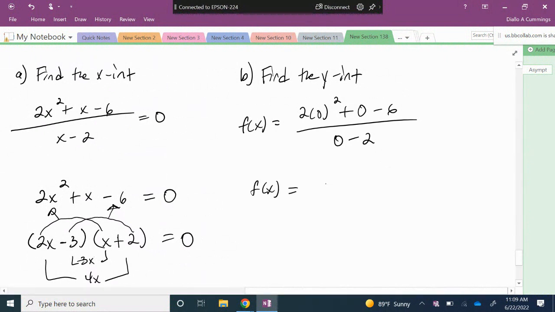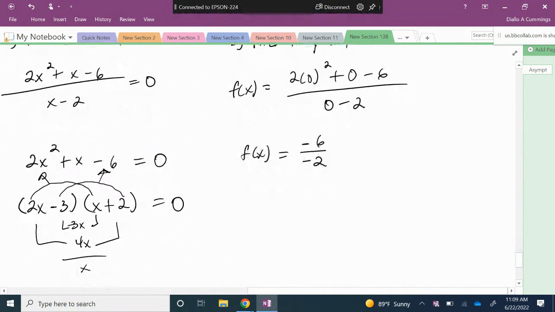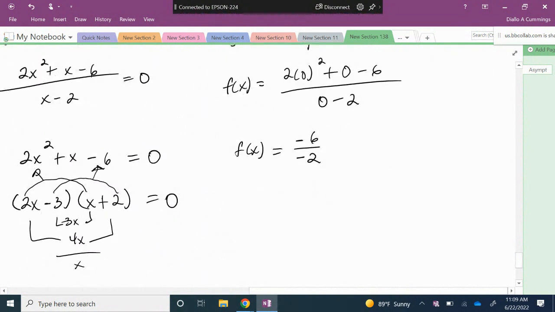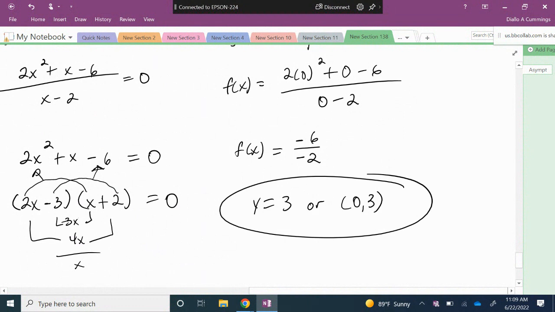So this reduces down to give us negative 6 over negative 2. So remember, in function notation, we let y equal f of x, so we have y equal to 3. Or if you're asked to write this as an ordered pair, we have 0, 3 as the y-intercept.